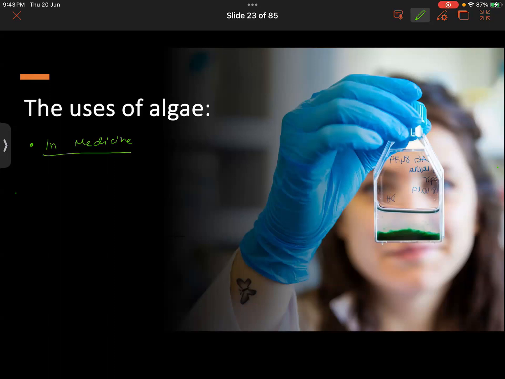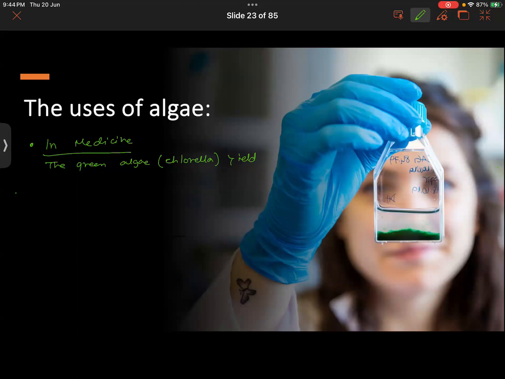Particularly the green alga. The green alga, the name is chlorella. There's an alga whose name is chlorella. This yields an important antibiotic called chlorellin. Let me write its name. Using this alga, we are making an important antibiotic.